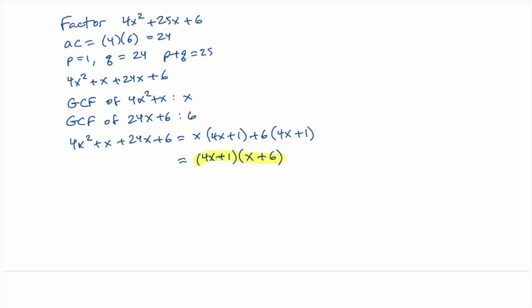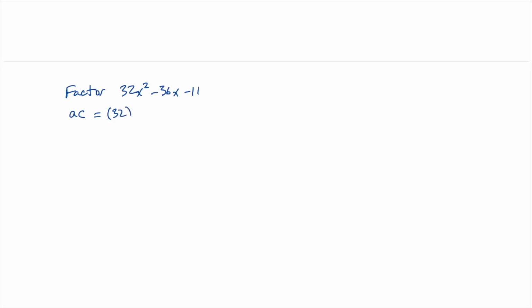Now we need to factor the two denominators. So we are going to factor 32x squared minus 36x minus 11. Try grouping again. So a times c is 32 times minus 11, which is minus 352.